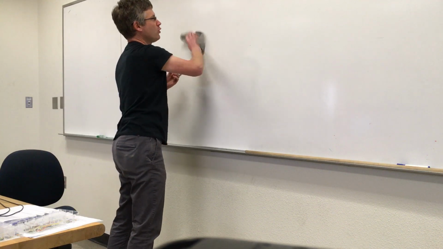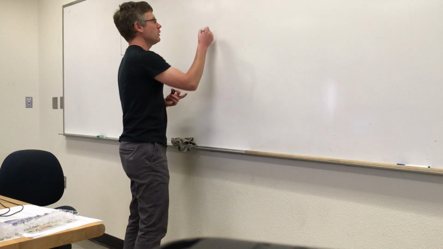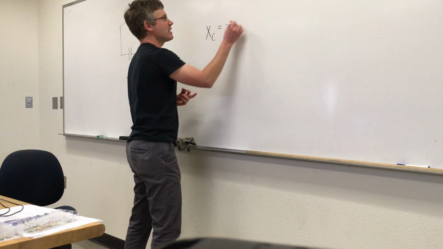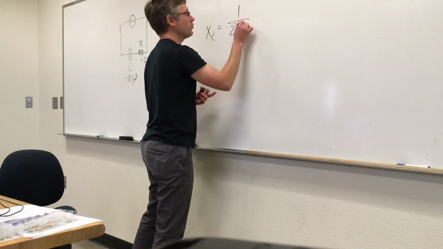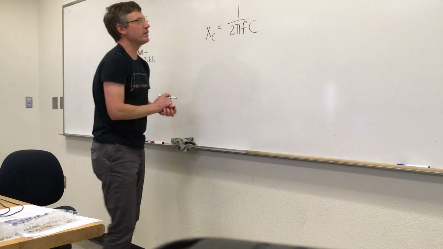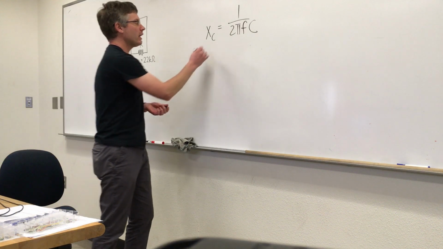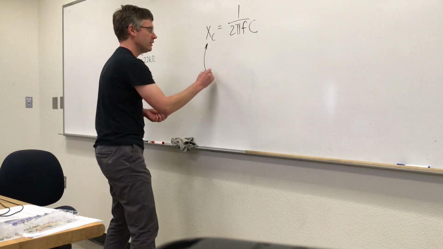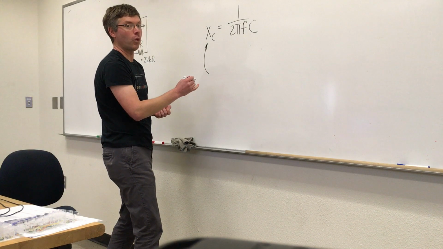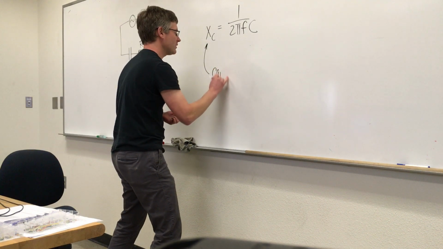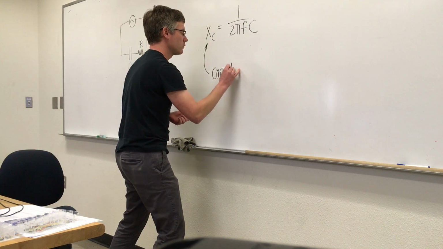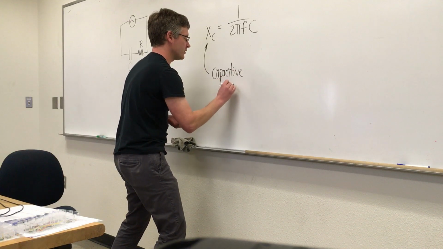Okay. So let me move this equation down. X sub C is equal to 1 over 2 pi f C. This is the wordy version, capacitive reactance.